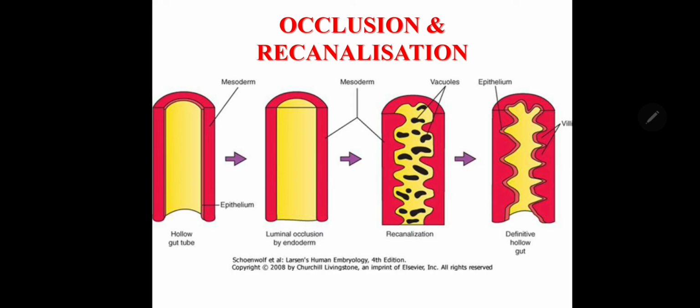So the adult patterning of the GIT will happen by this occlusion and recanalization. If there is any error in this recanalization, it will lead to stenosis or atresia that we discussed during the introductory session of this video. I have shown you pyloric stenosis, duodenal atresia, fistulas. Those all happen because of errors in occlusion and recanalization.